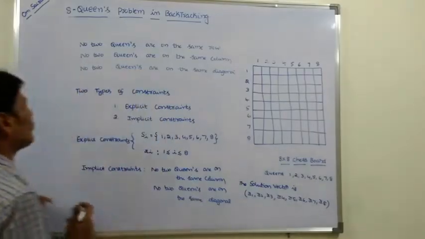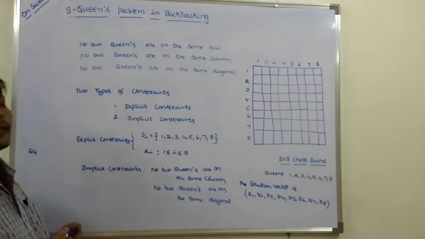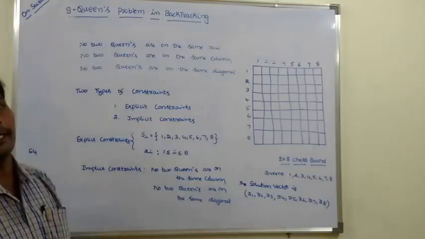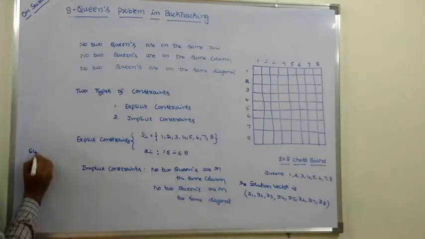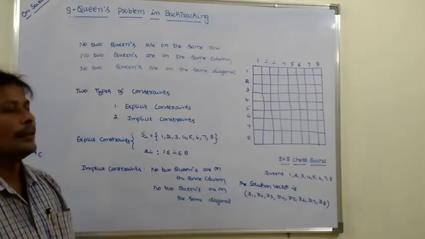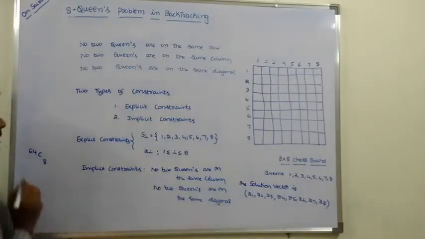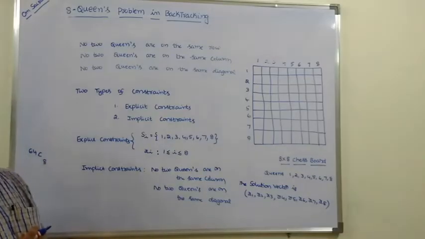So how many possibilities are there? 64 possibilities are there for each and every queen. Next, how many queens can be placed on an 8 by 8 chessboard? 8 queens can be placed on an 8 by 8 chessboard.